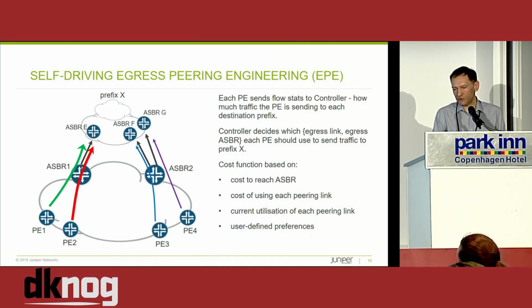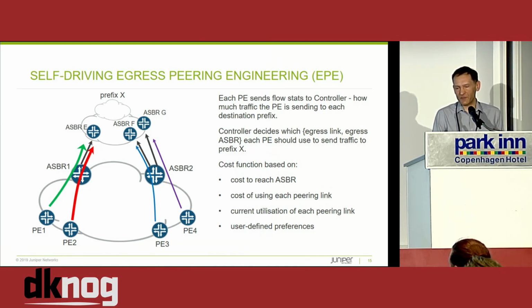And the controller, what it's doing in terms of data gathering, is using IPFIX reporting from each PE router to see how much traffic each PE is sending to each prefix in the internet table. And what it is doing is deciding which egress link on which egress ASBR each ingress PE should use to send traffic to that particular prefix X.